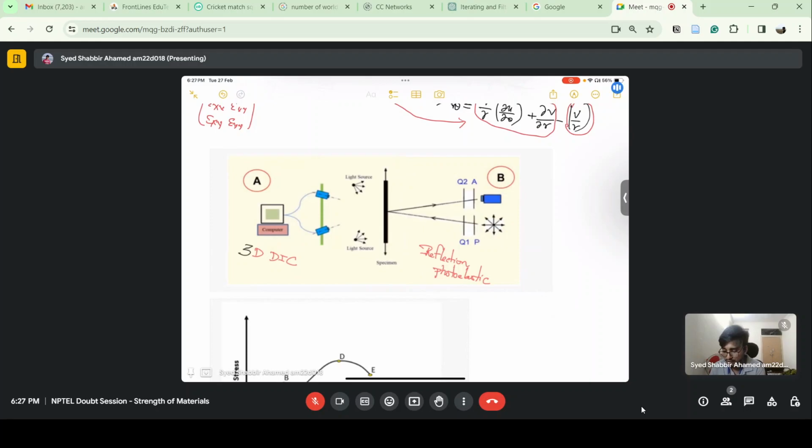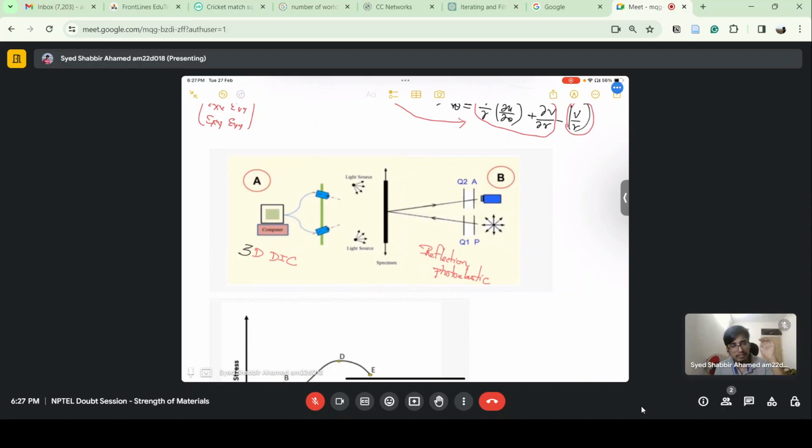And on this side, where we are doing the reflection photoelasticity experiment, assuming that this specimen is opaque, that means it doesn't allow light to pass through it, we take a photoelastic coating of some material.